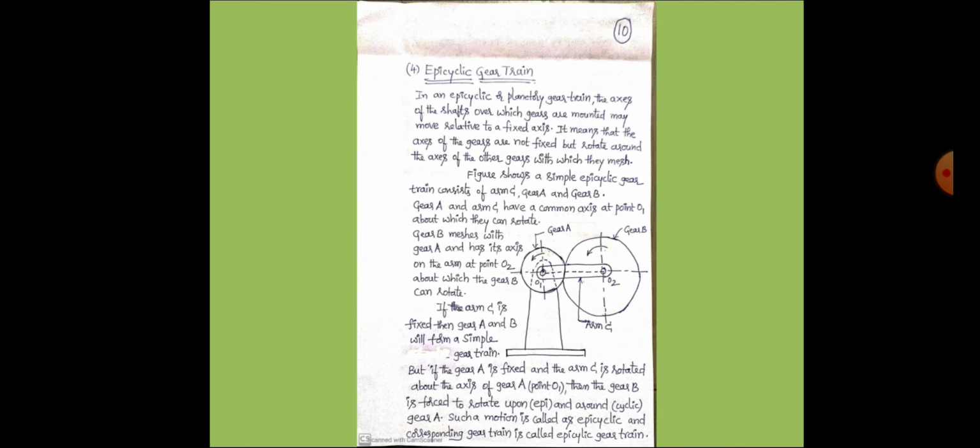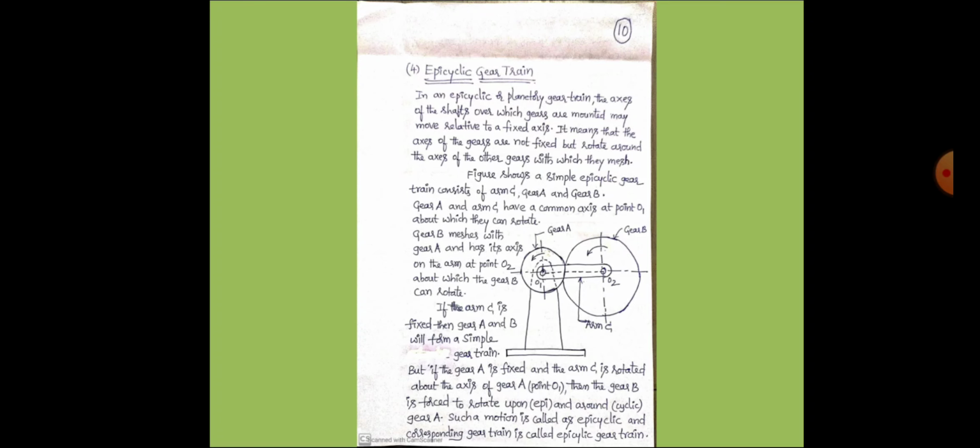Because as we know very clearly, in the three types of gear trains which we have discussed earlier, simple gear train, compound gear train and reverted gear train, the axis of the shafts over which the gears are mounted are fixed relative to each other.